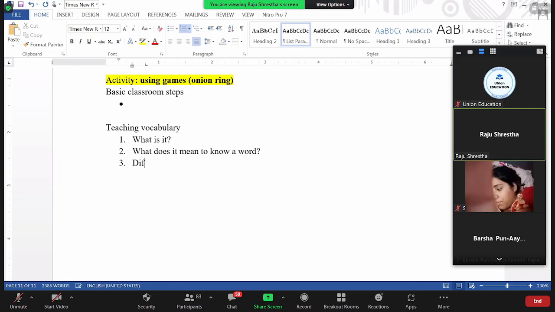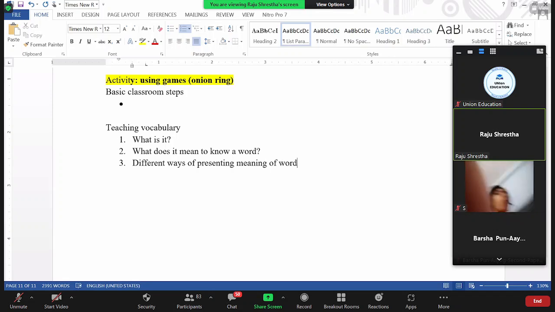And different ways of presenting the meanings of words, presenting the meaning of words, right? Basically we have to discuss these things.